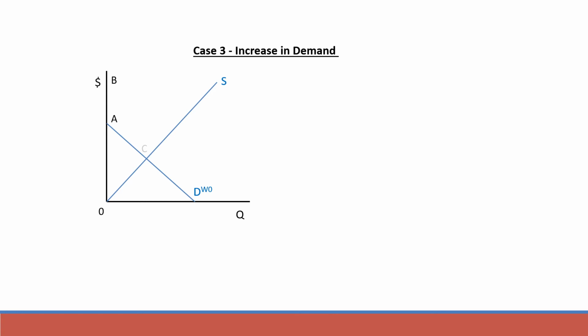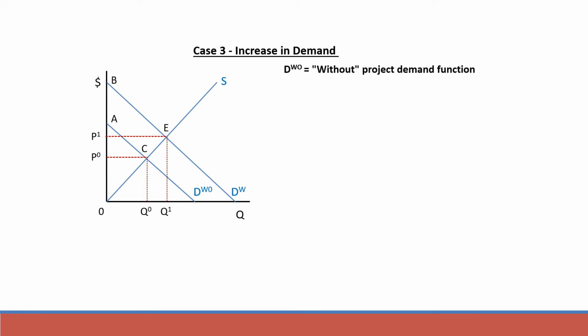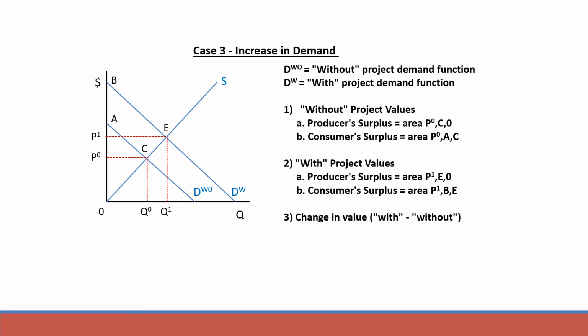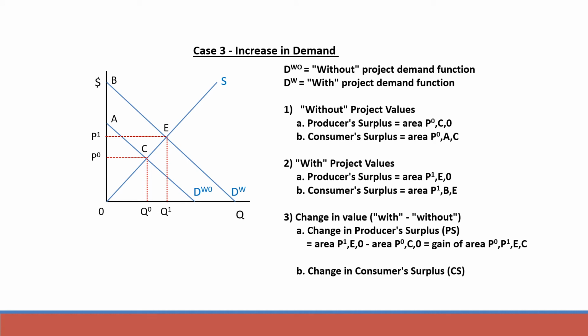We could also have an increase in demand. The demand curve shifts from without policy to with policy. As a result, the price increases from P0 to P1, and we have an increase in the quantity demanded. Like before, we calculate consumer surplus and producer surplus with and without the policy, and then the change in value.